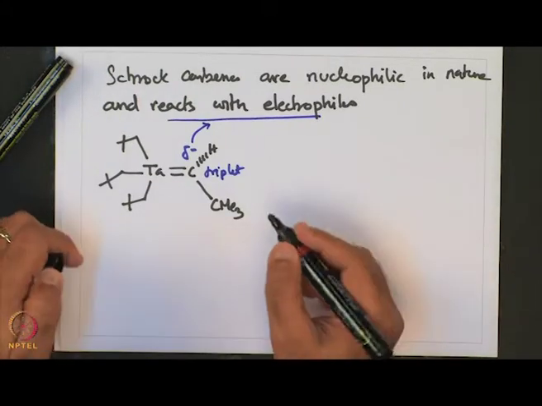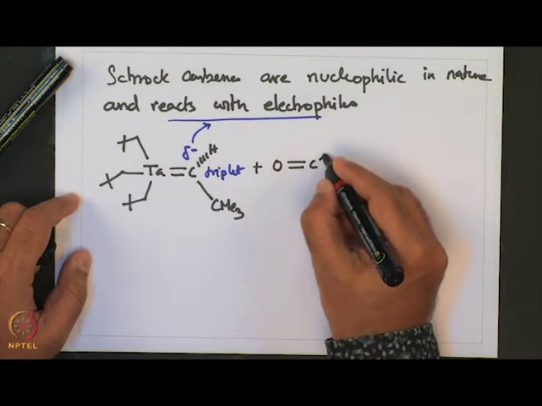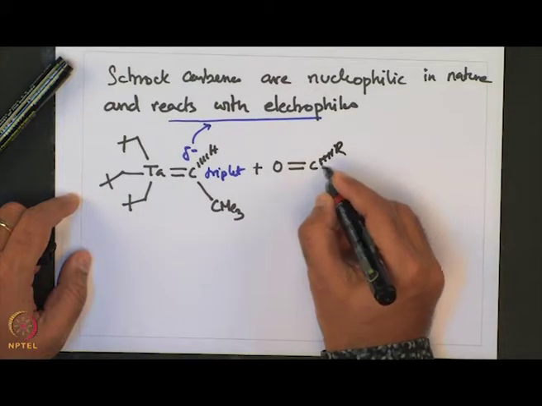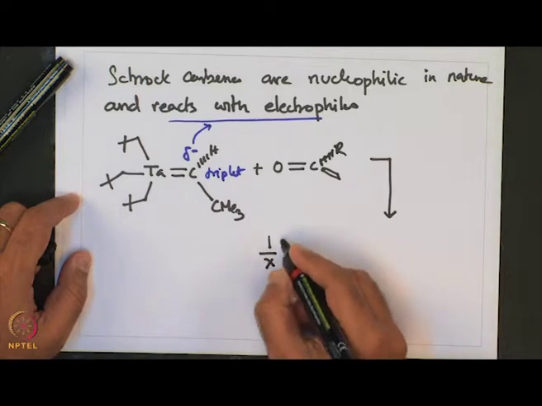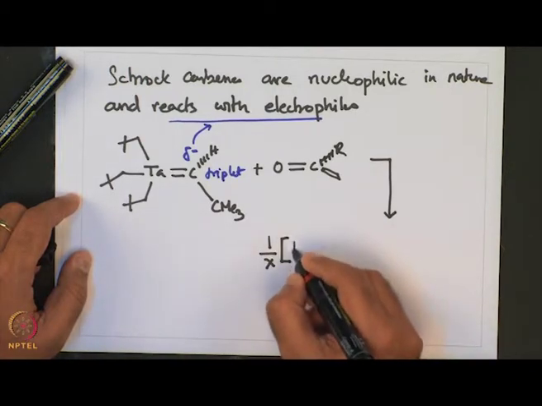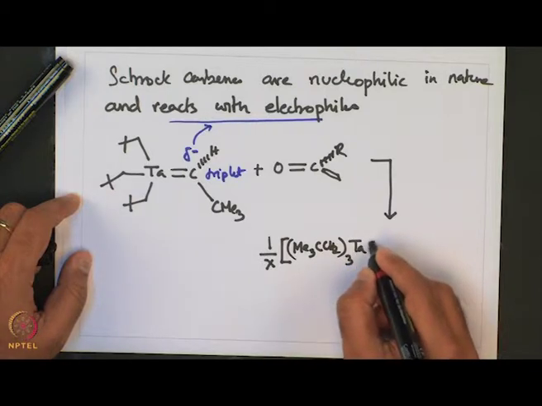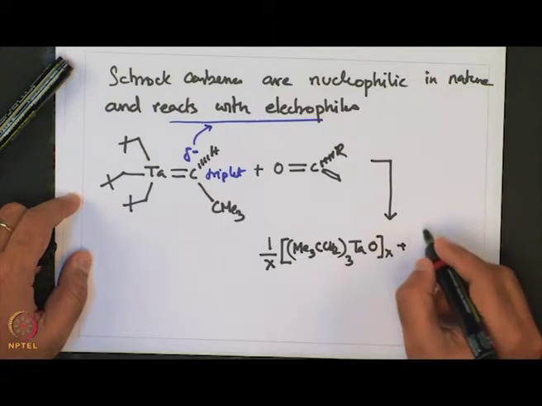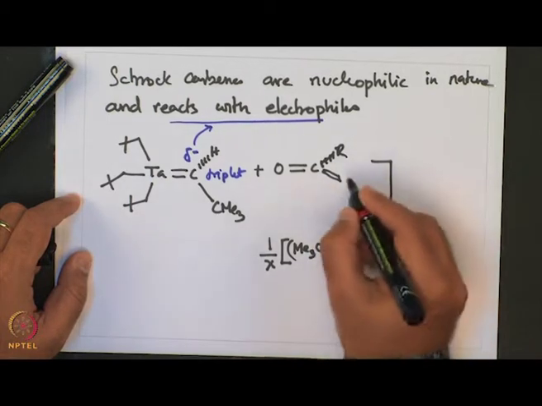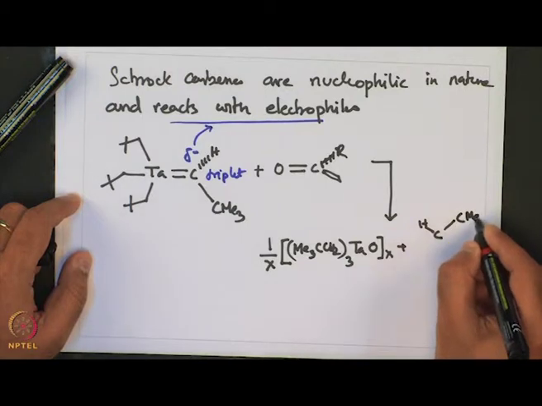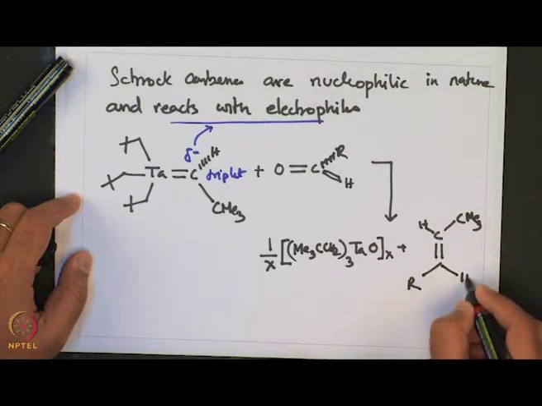So, for example, the reaction of these with, let us say, a carbonyl compound gives the following product: (Me3CCH2)3Ta=O plus Me3C-CH=CRH.